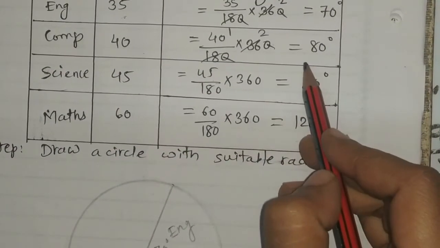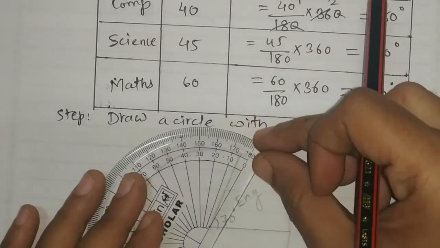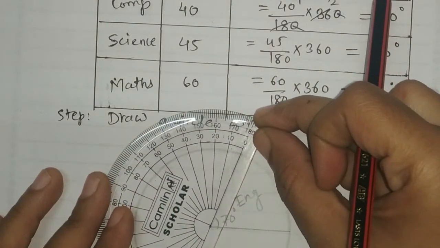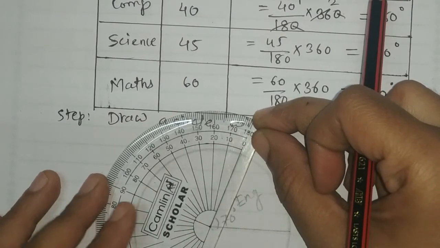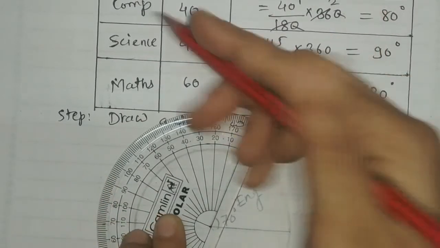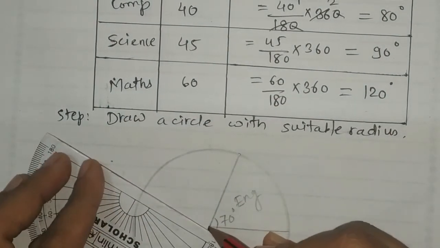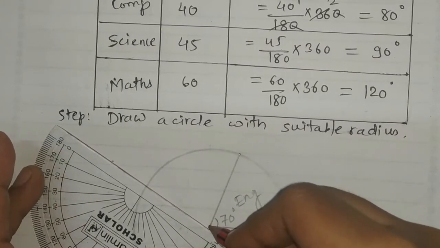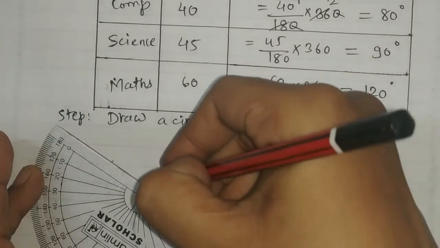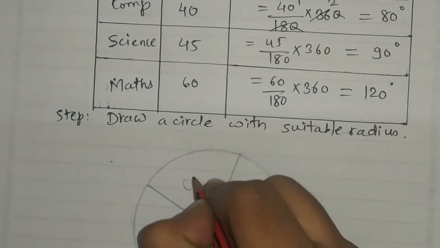Then we have to construct 80 degrees. So we'll draw 80 degrees on this radius. 80 degrees is going to be on this side. Now again stretch a line which will show the angle 80 degrees. This is the computer subject.